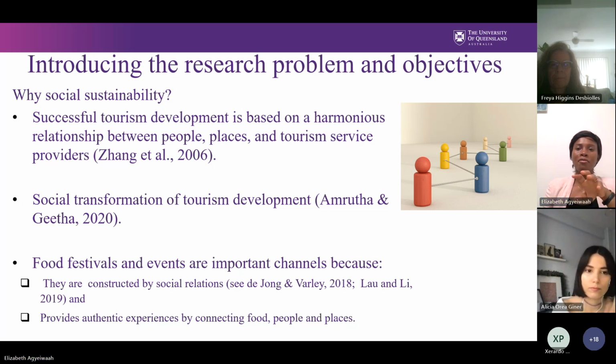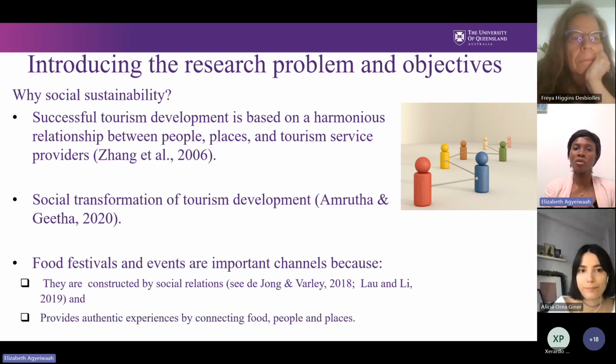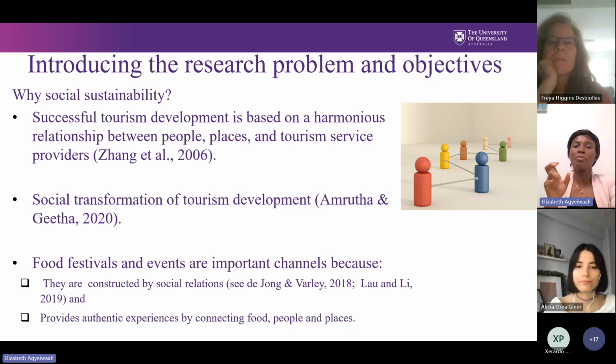But for tourism development to be successful, we do agree that we need a harmonious relationship between people, right? The residents and the tourists themselves should have a harmonious coexistence for the tourism development to be successful. And residents must also own the tourism development. And for tourism to be able to propel the social transformation that we need, it has to be socially sustainable.